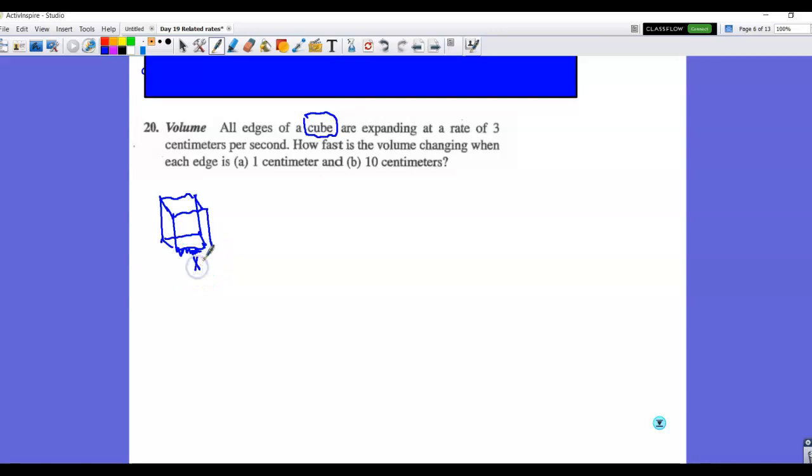So I'm going to use X for the length of one of my edges, and it says the edges are expanding at a rate. So edge, here it is, right here, use your math eyes, edge rate, dx dt, and they're expanding, so that's going to be positive 3 centimeters per second.